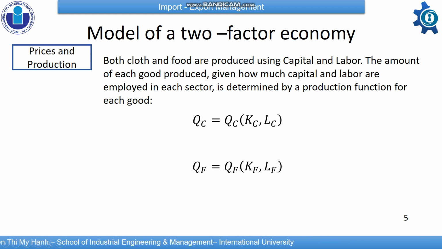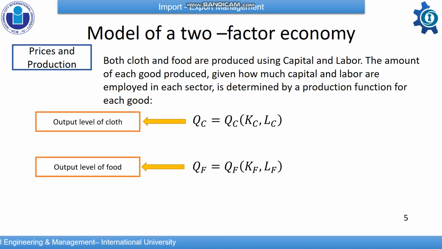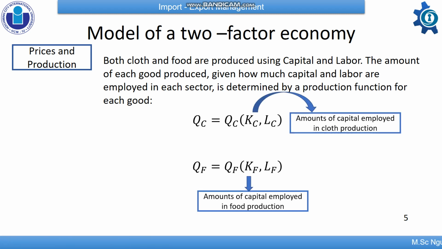QC is the amount of cloth produced given the capital used to produce cloth and the labor used to produce cloth. QC and QF are the outputs of cloth and food. KC and KF are the amounts of capital employed in cloth production and food production.